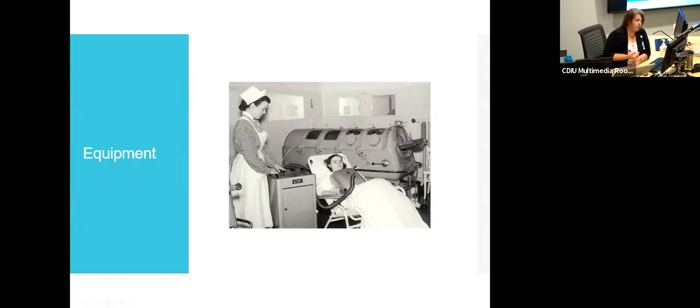That backward stroke would create a vacuum. That negative pressure would suck up the cuirass device, and again, under negative pressure, would mimic a regular physiological breath.